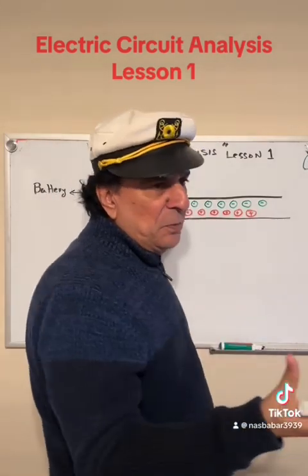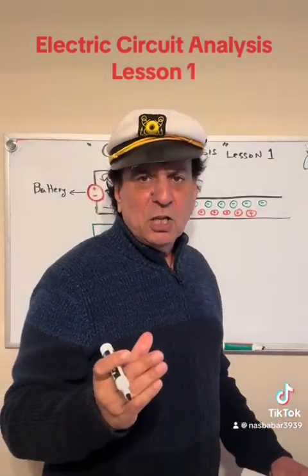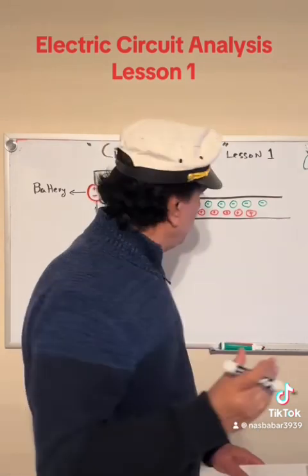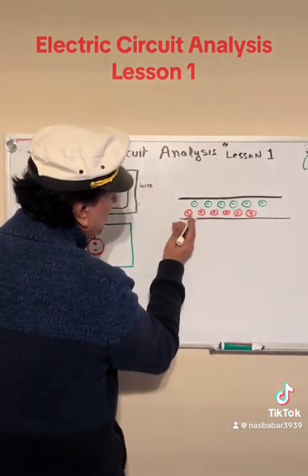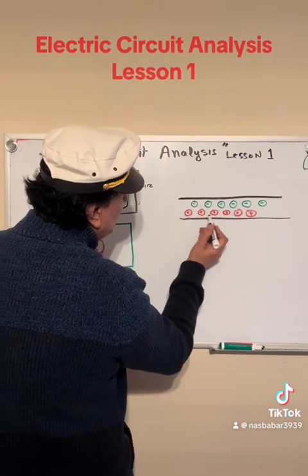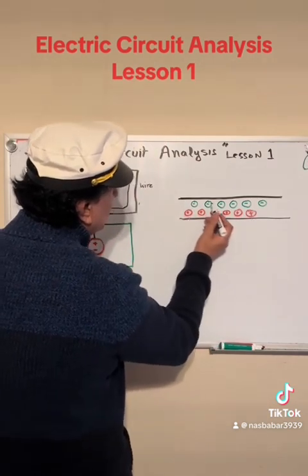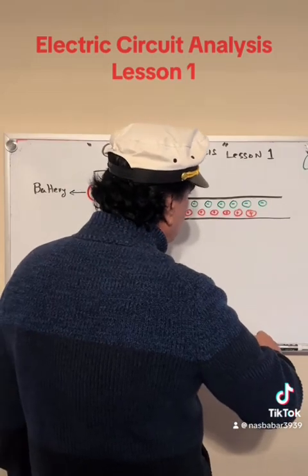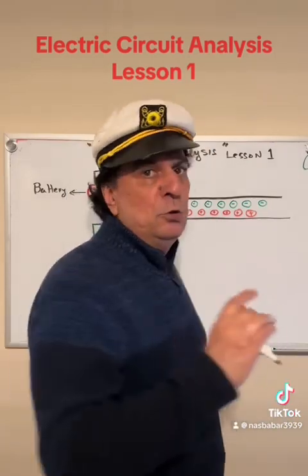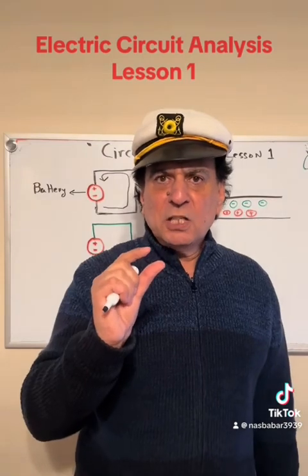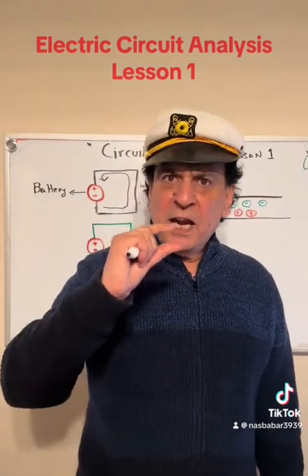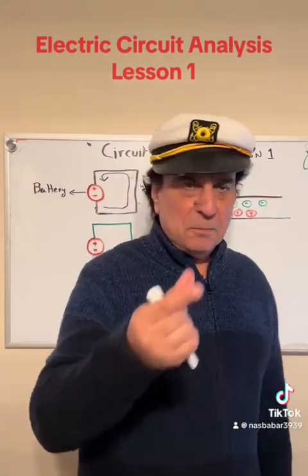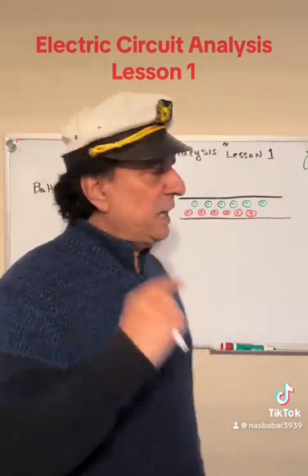So an atom basically has a negative charge and a positive charge, all right? We have a series of positive charges and a series of negative charges. Keep in mind that these are held loosely in an atom, and we take advantage of that.